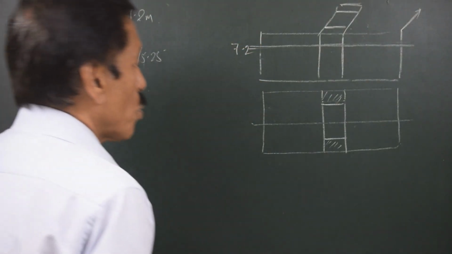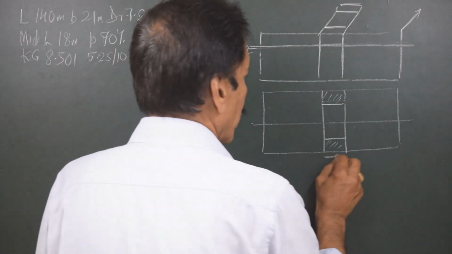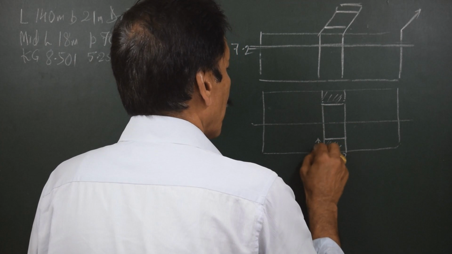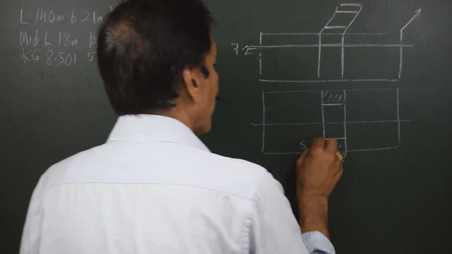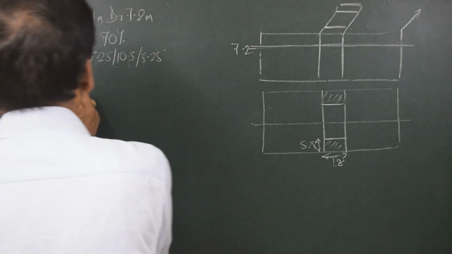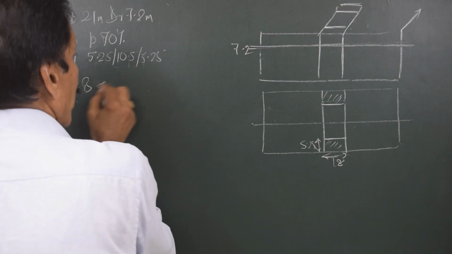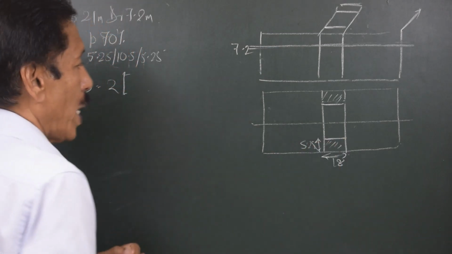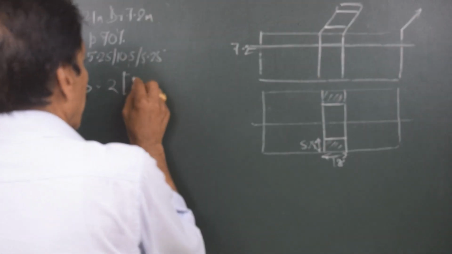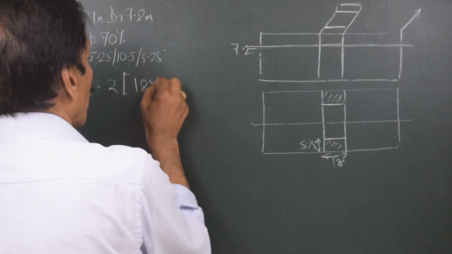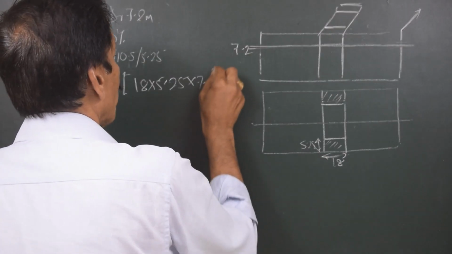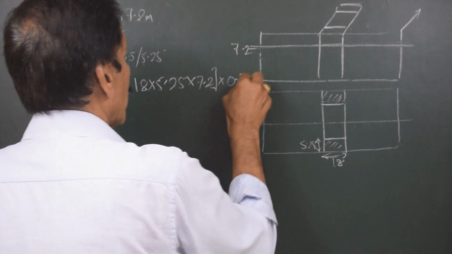So what is the lost buoyancy? The length of the compartment is 18 meters, and this is 5.25. First of all, I'll have 2 outside the bracket because there are 2 identical compartments. It is 18 into 5.25 into 7.2 into 0.7.